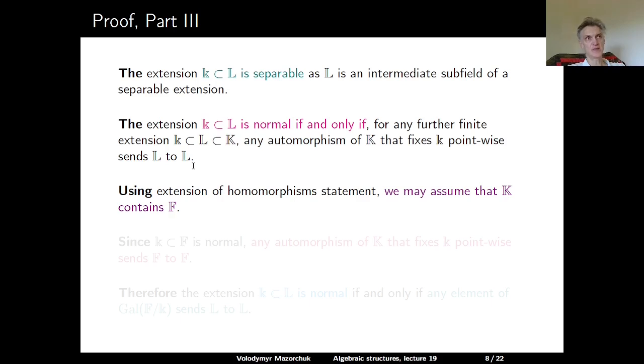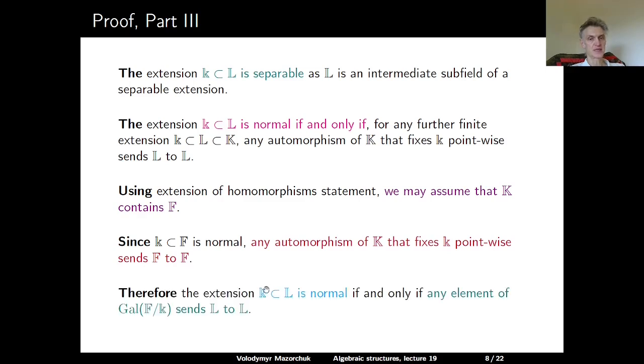Using the statement about extension of field homomorphisms, we may assume that k contains F. Since the extension of K to F is normal, any automorphism of the bigger k which fixes K pointwise sends F to F. Therefore, the extension of K to L is normal if and only if any element of the Galois group of F over K sends L to L.